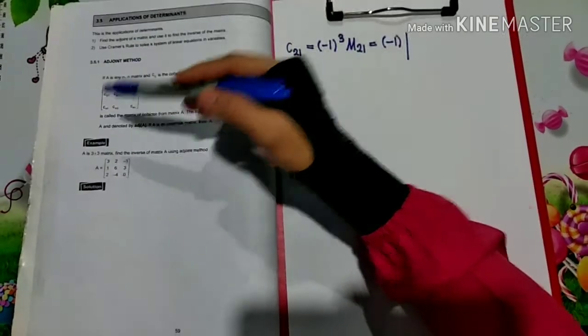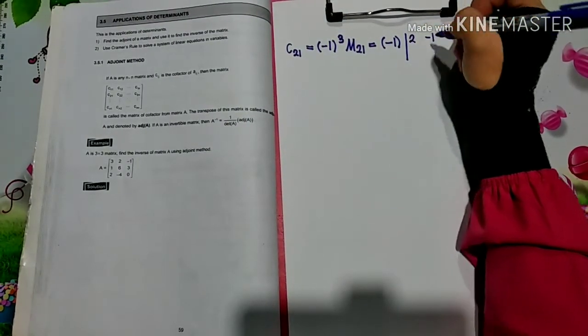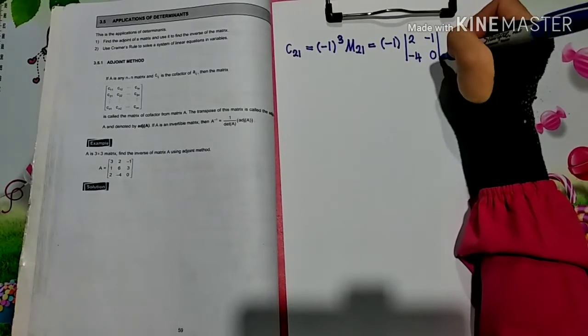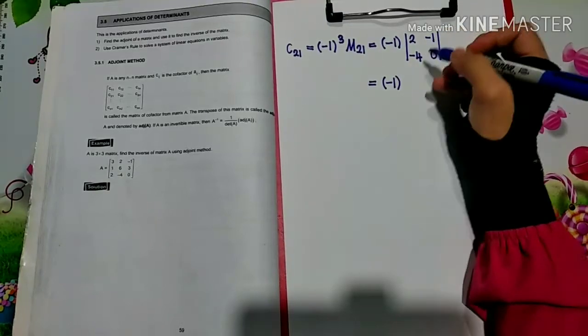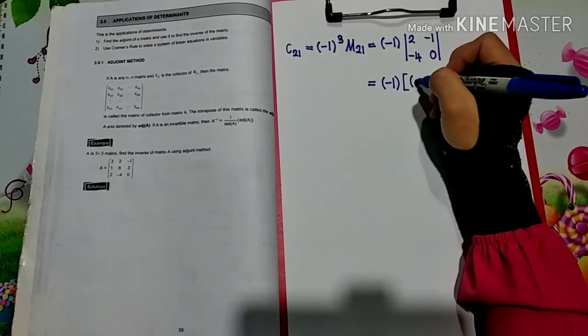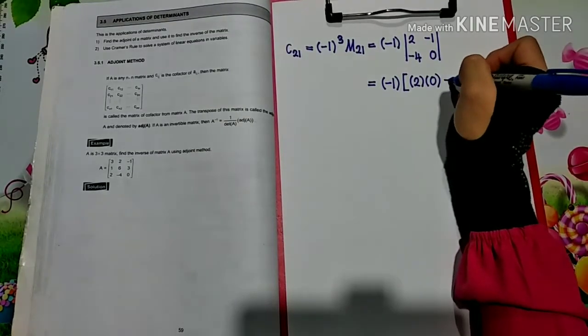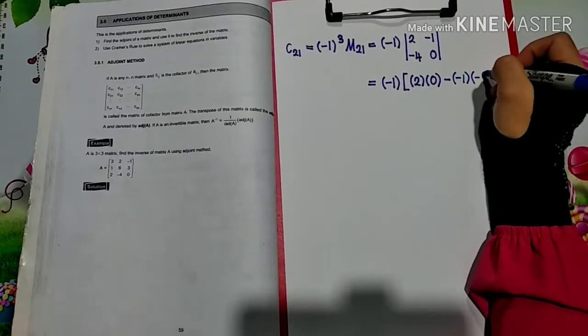You only left with 2, negative 1, negative 4, 0. Okay, so same thing here. We find the determinant for this one: 2 multiply with 0 minus negative 1 multiply with negative 4.